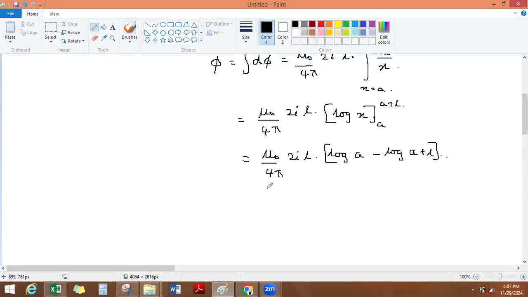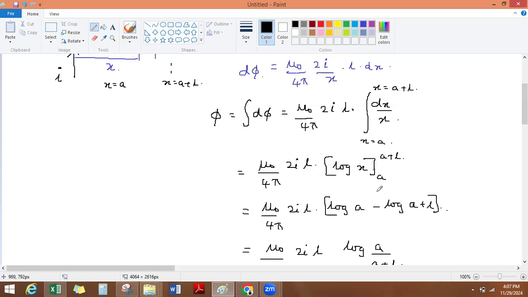Then I can simplify this as mu naught by 4 pi. Generally, I don't like to cancel this because mu naught by 4 pi is a constant, 10 power minus 7, so I like to keep it separately. You can simplify this as log of a plus L divided by a, because you know that log m minus log n can be written as log m divided by n.